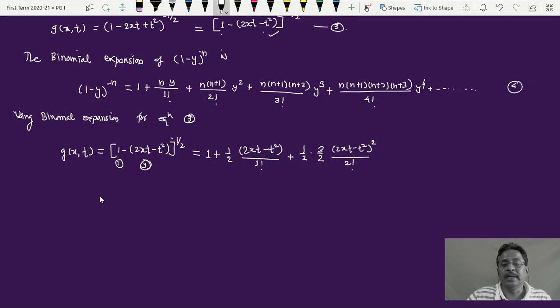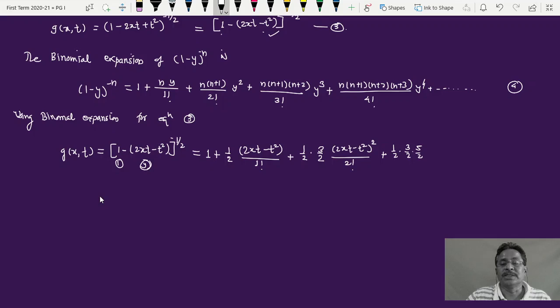Can you write the third term? Next term is 1 half into 3 by 2, and this n plus 2, that means how much? n plus 2 is half plus 2, which is 5 by 2, so this is 5 by 2.